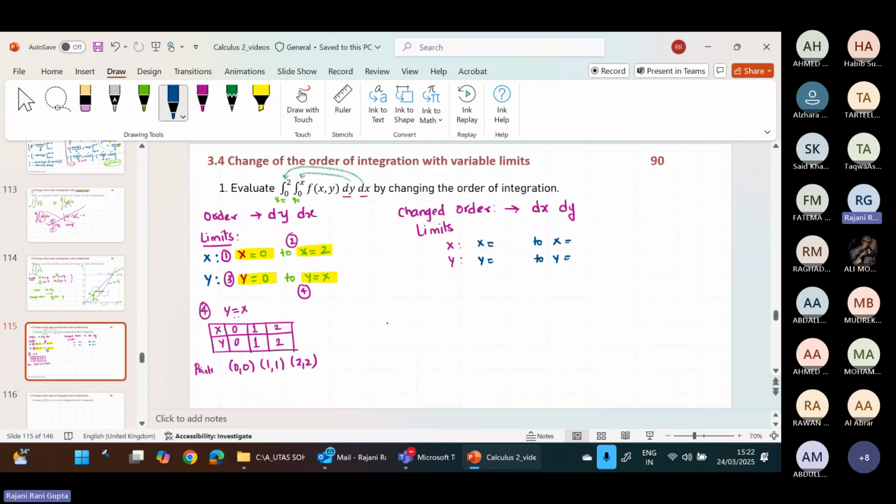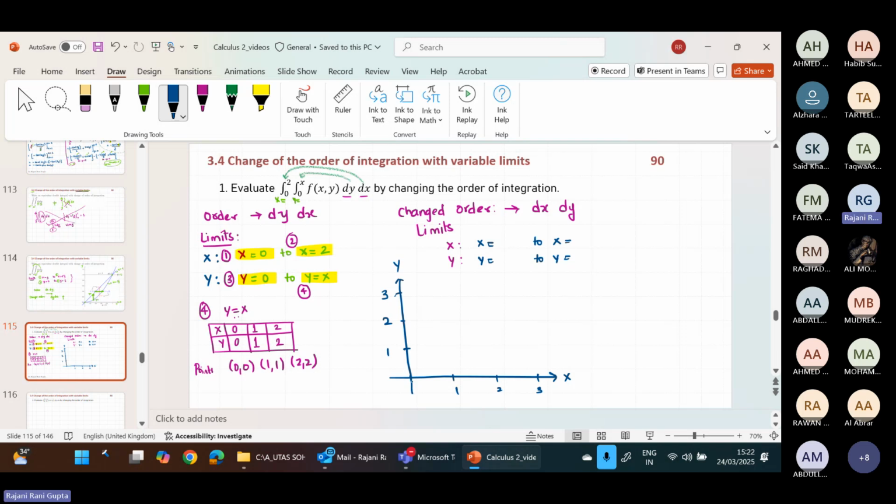So let's plot this. This is your x-axis and y-axis. Let's put the points 1, 2, 3 on the x-axis and similarly on the y-axis 1, 2, 3. First of all, we plot 0, 0, 1, 1, 2, 2.